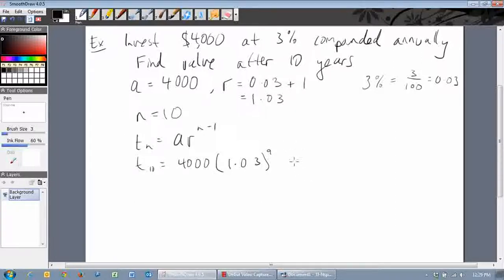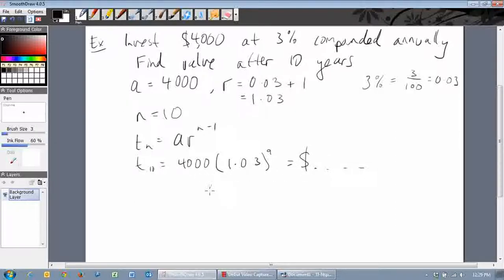Okay, and that'll be your answer. Should I do it? Look, I don't really care. Do it on your calculator: 1.03 to the power 9 multiplied by 4,000. Figure out what the value is after 10 years.